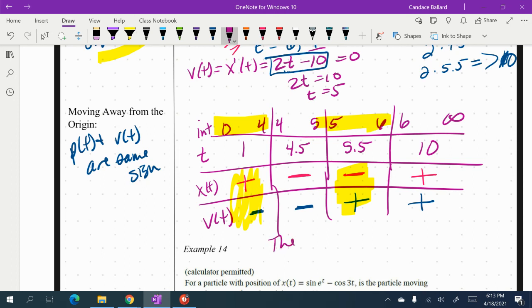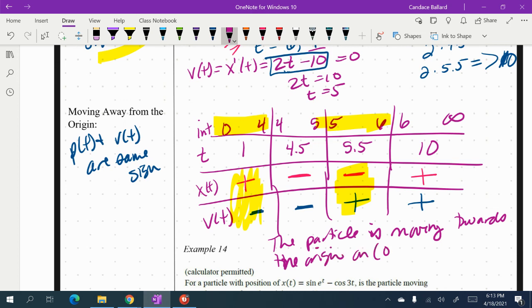The particle is moving towards the origin on 0 to 4 and 5 to 6, and you always have to state why, because they're going to ask you to explain it: because x of t and v of t are opposite signs.